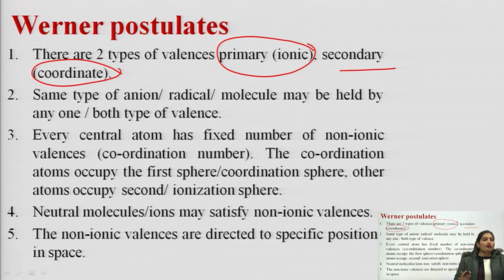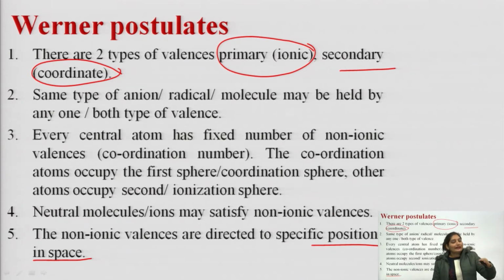Fourth postulate is neutral molecules or ions may satisfy the non-ionic valencies. And last one is the non-ionic valencies are directed to specific positions in space.